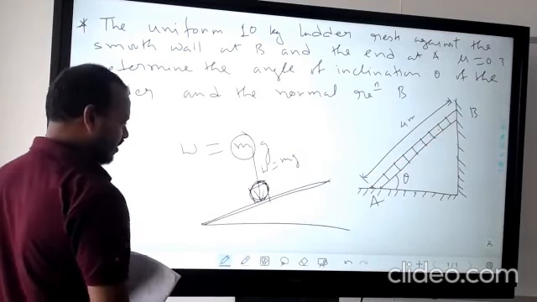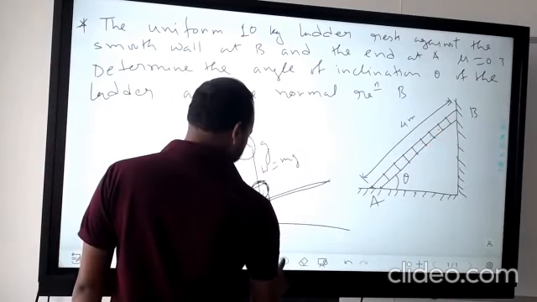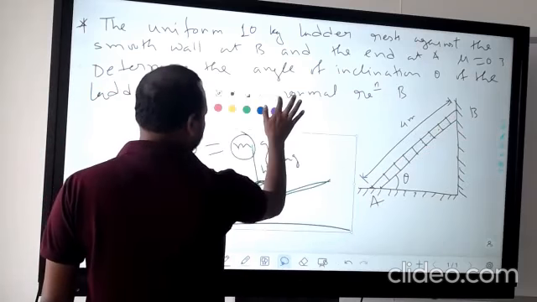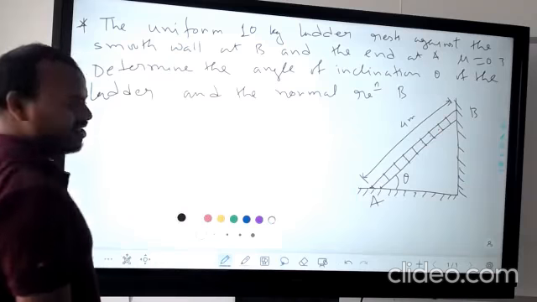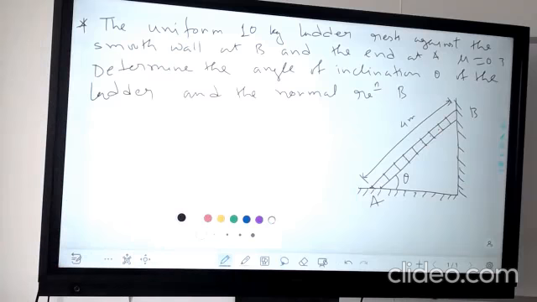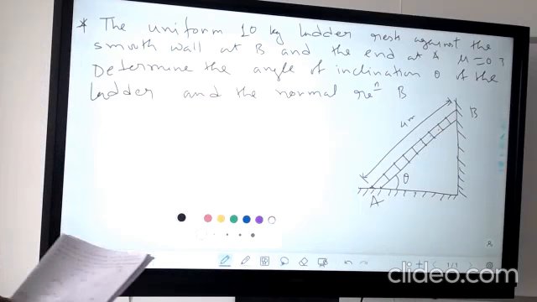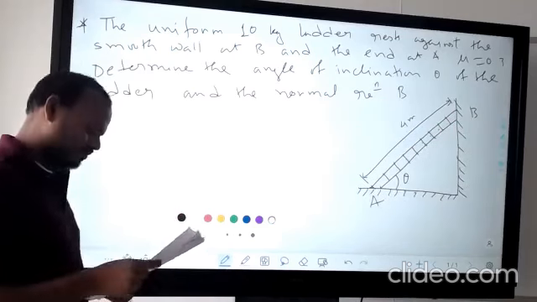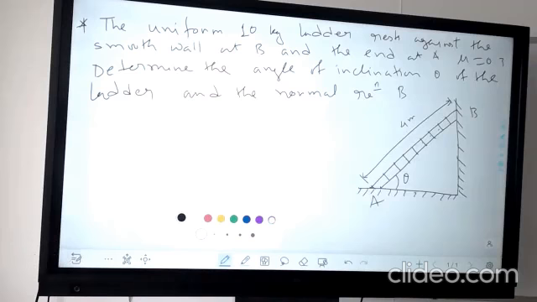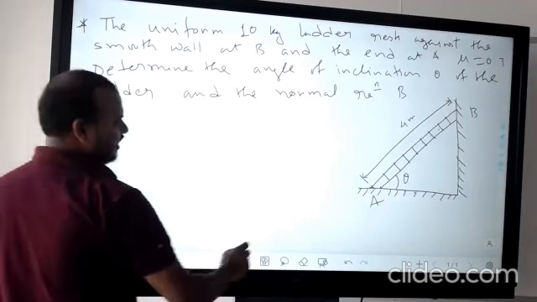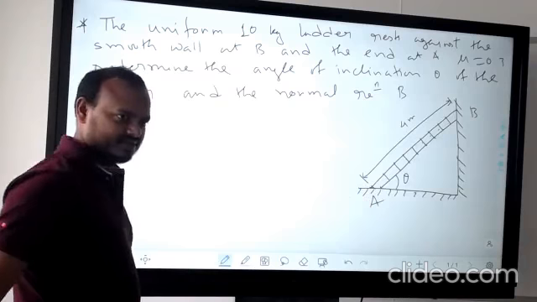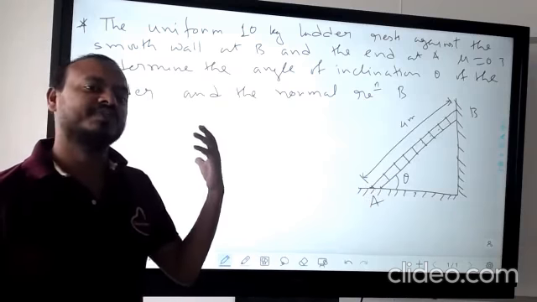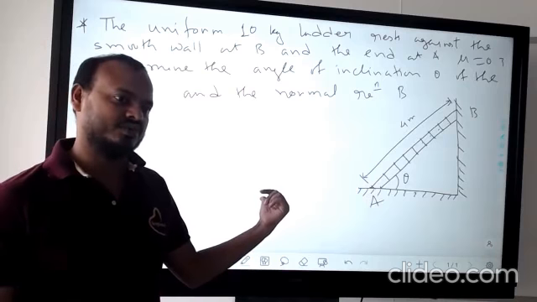The free-body diagram is important. So there are not only 2 forces, you will also get friction. That is why this is in the friction chapter. So draw its free-body diagram. This ladder will slip this side, so that is why it will give some frictional force.